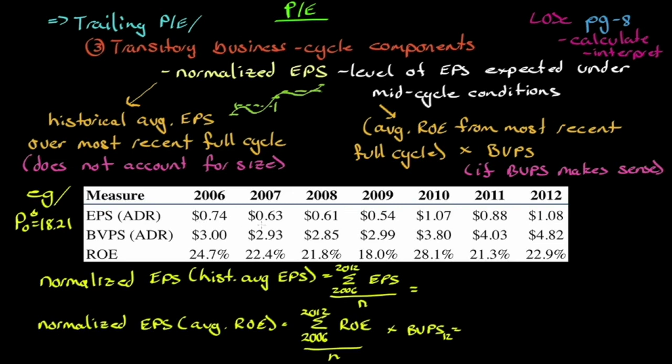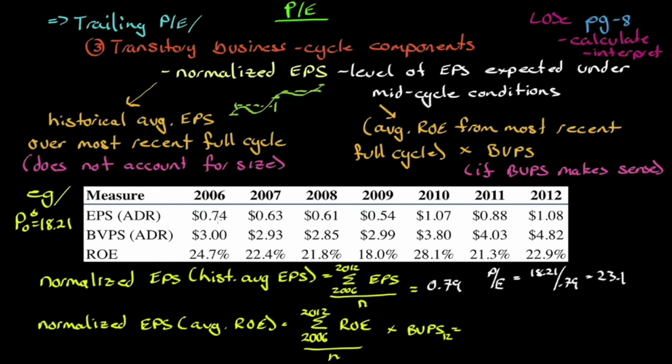So we're just going to simply add up all the EPS and divide by 7. And we'll get 0.79. So if we calculated a PE based on normalized EPS of 79 cents, we have 18.21 over 0.79, which would give us 23.1.